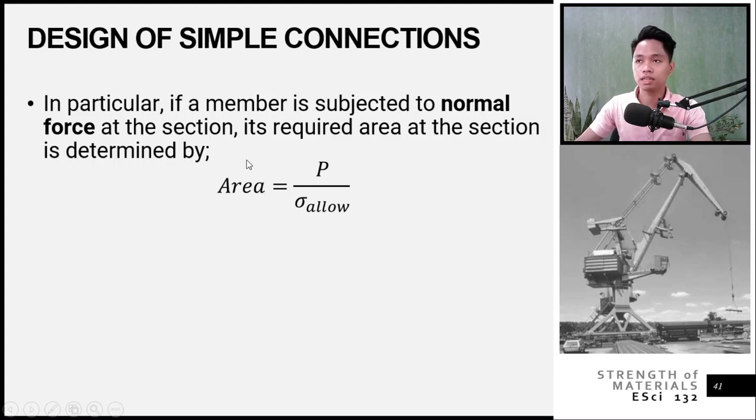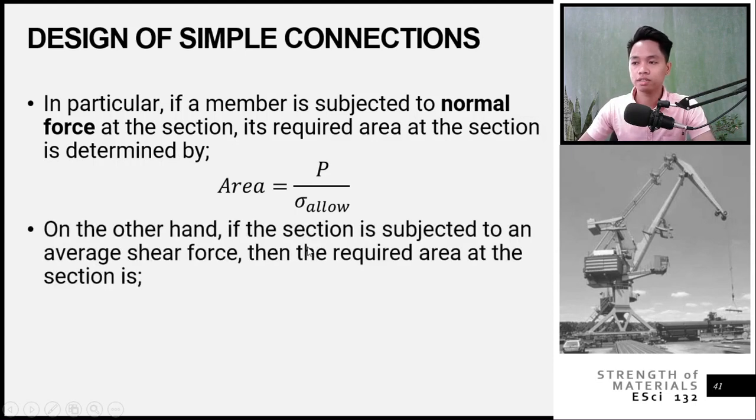Meaning, design gani, ikaw ang mag-determine unsay dimension. So, therefore, area ang unknown. You know the force is given, the allowable stress is given, so you are going to design the area of the structure or the member itself. Okay? So, by this formula, ito lang siya manipulate.